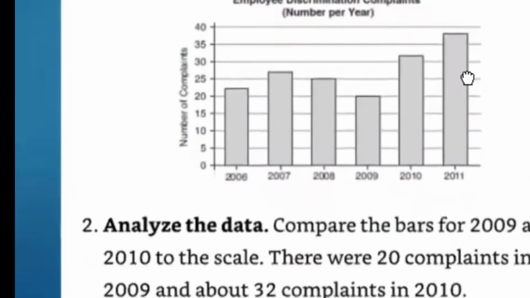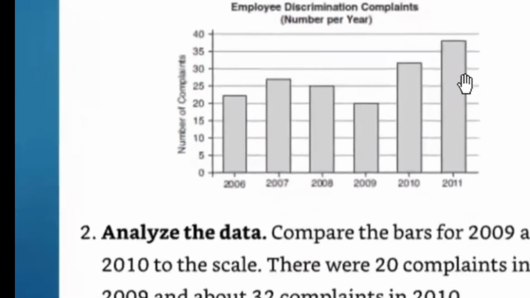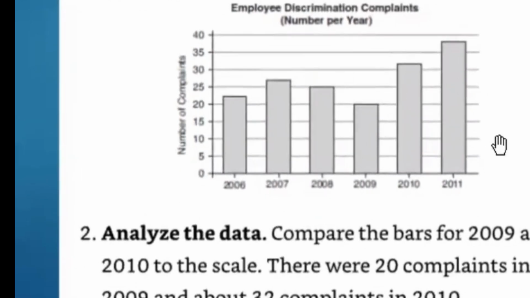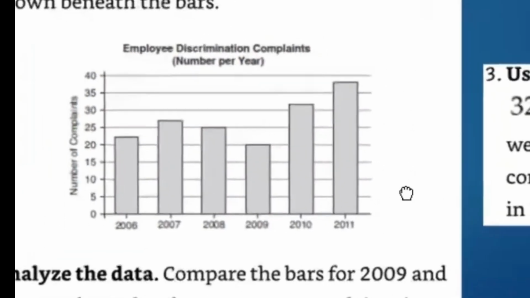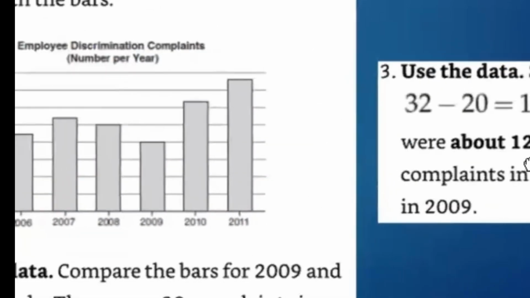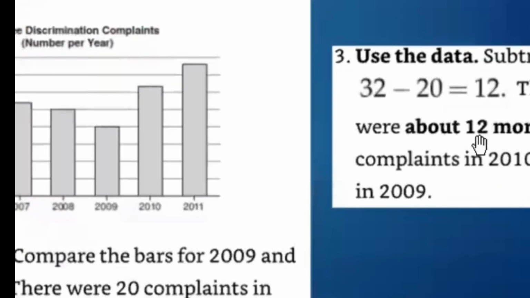And so then you would simply analyze the data based on the information that you've been provided. We've compared the bars for 2009. We know that 20 complaints were submitted in 2009. And now we've determined that around 32 complaints were submitted for 2010. And so then you would simply use that information to find out the difference, right?